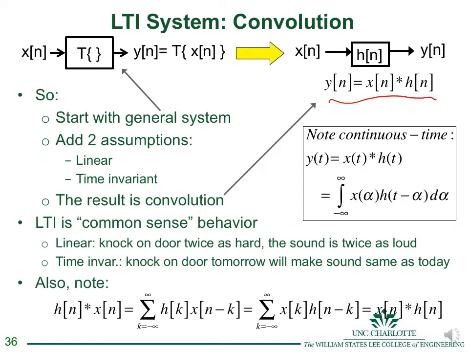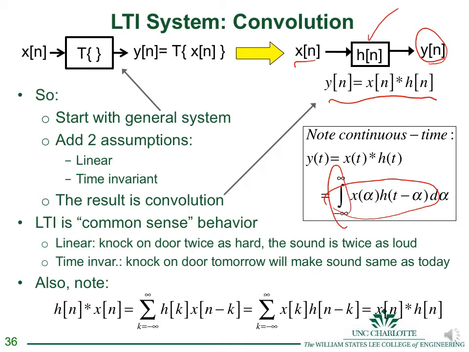And so it serves a central role in discrete time systems, the convolution sum, as it does in continuous time. And again, the form is very similar, except we have a summation instead of integration. So it looks a lot like the continuous time case.